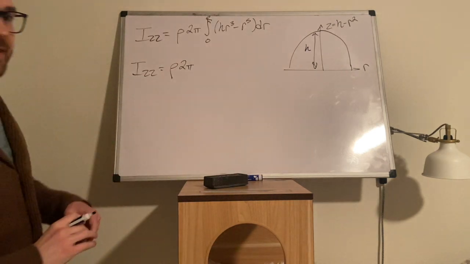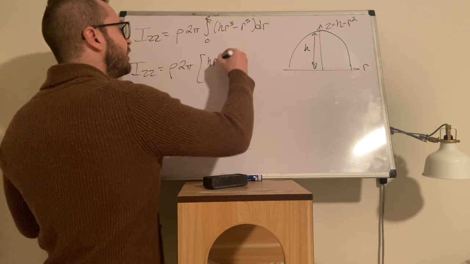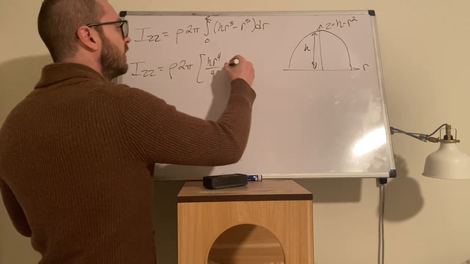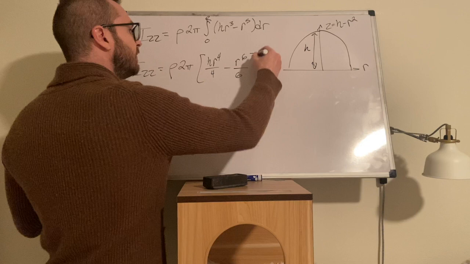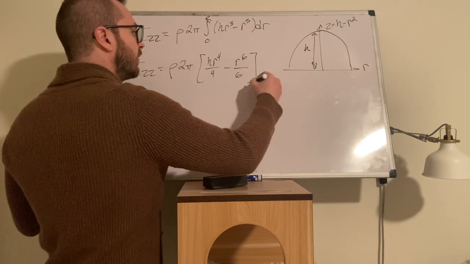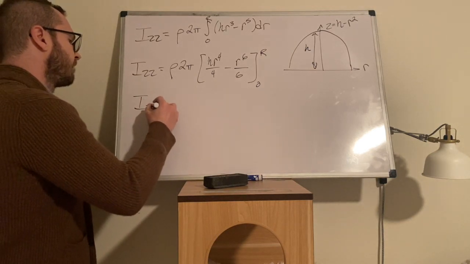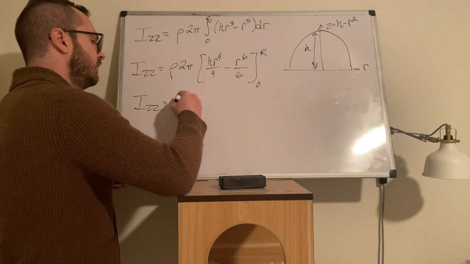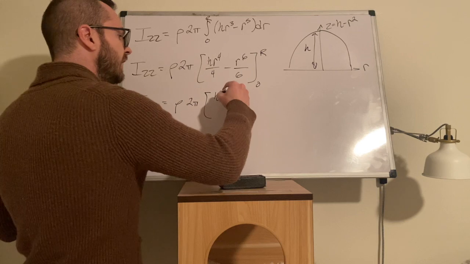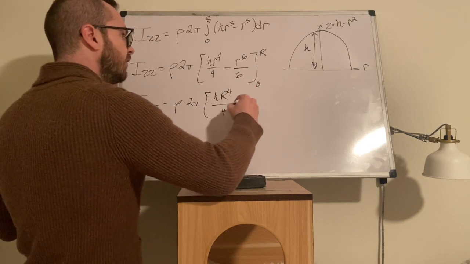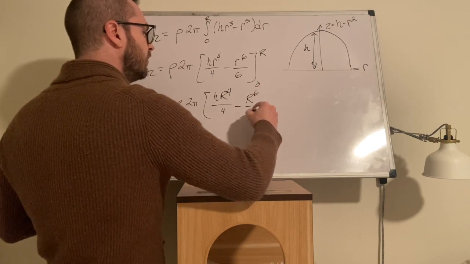Now, when we integrate this, we're going to have h r to the 4th divided by 4 minus r to the 6th divided by 6, and this is over the bounds 0 to R. So, rho 2 pi times h capital R to the 4th over 4 minus capital R to the 6th over 6.